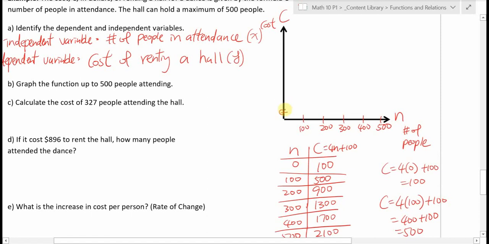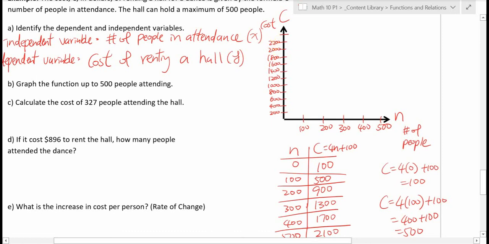Each line is going to represent 200: 200, 400, 600, 800, 1000, 1200, 1400, 1600, 1800, 2000, 2200.